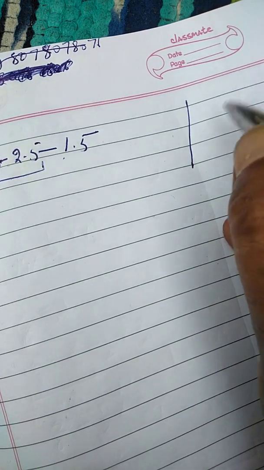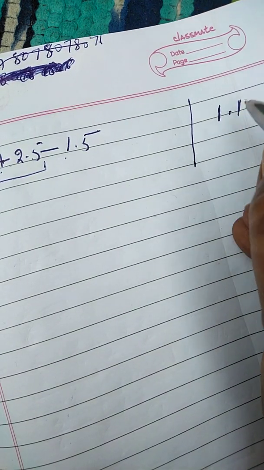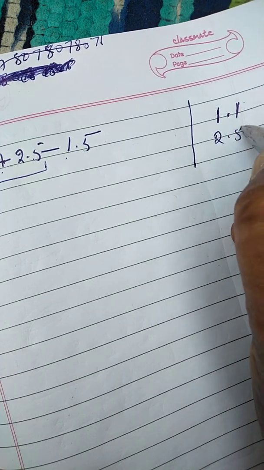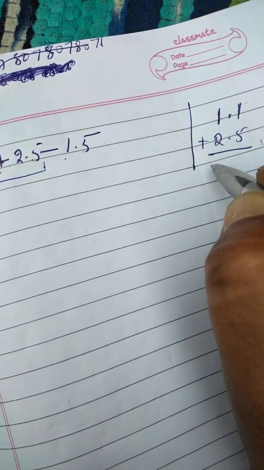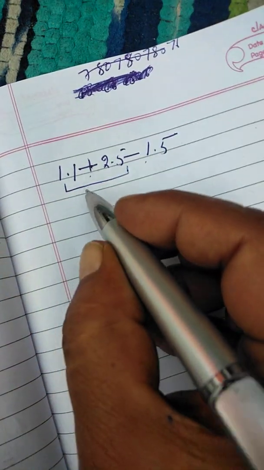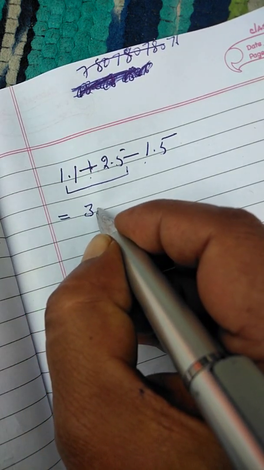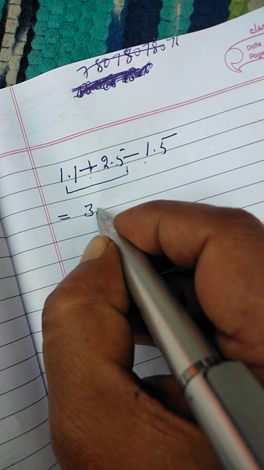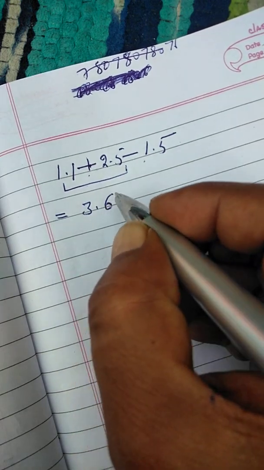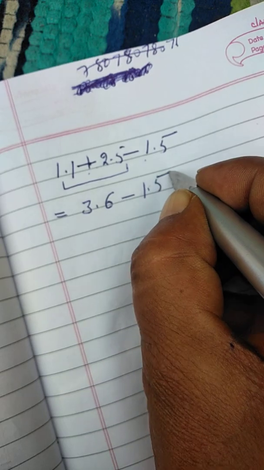Well students, you know how we can add the decimal number. 1.1 plus 2.5, you add in the rough column, you will get 3.6. So when we added 1.1 and 2.5, we got 3.6 minus 1.5.